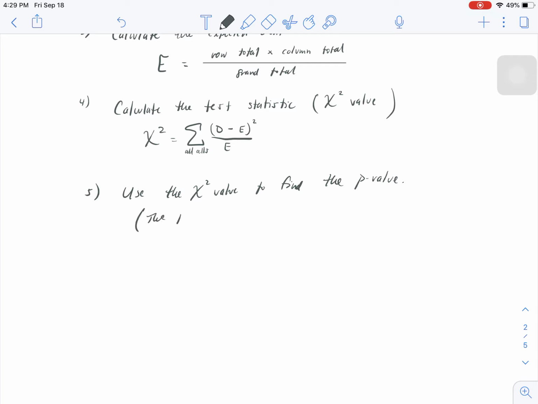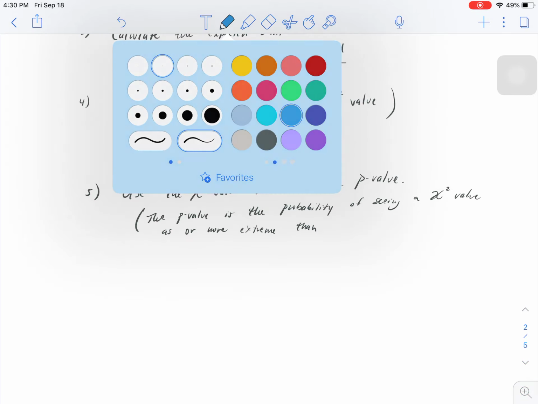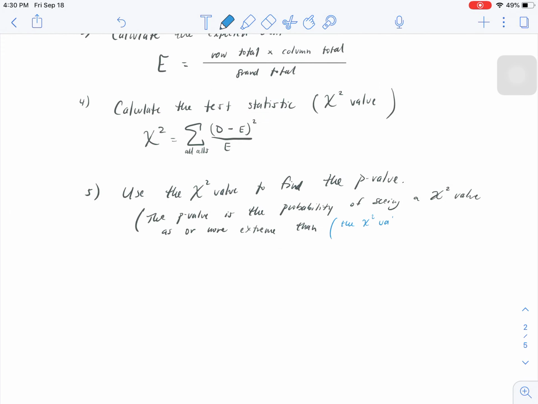The p-value is the probability of seeing a test statistic value as or more extreme, in other words, greater than or equal to, and I'll put this in parentheses, the chi-squared value calculated in step 4, under the assumption, assuming that the claim that we originally made is true.